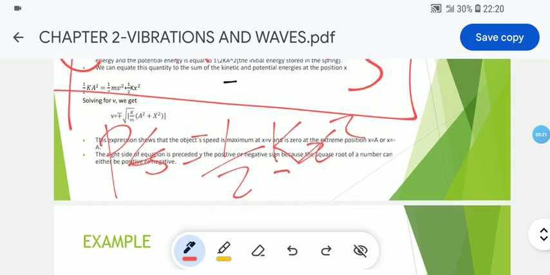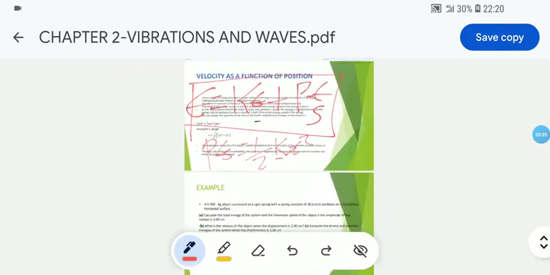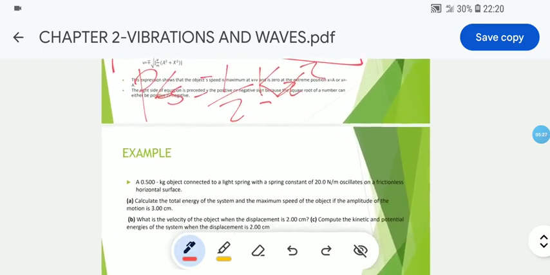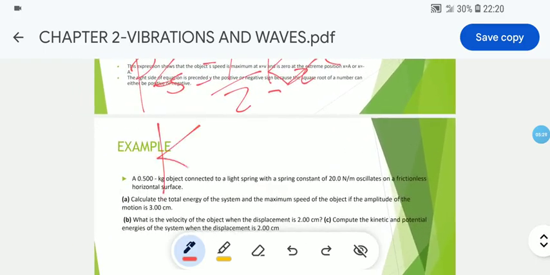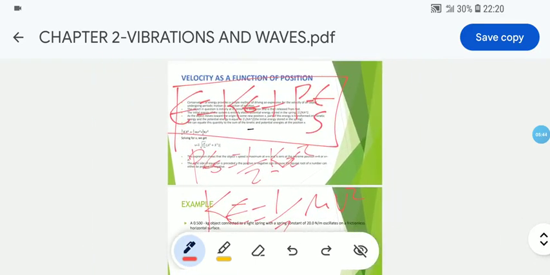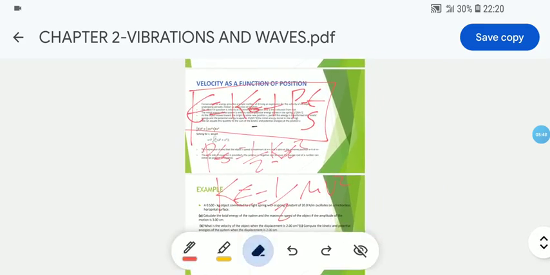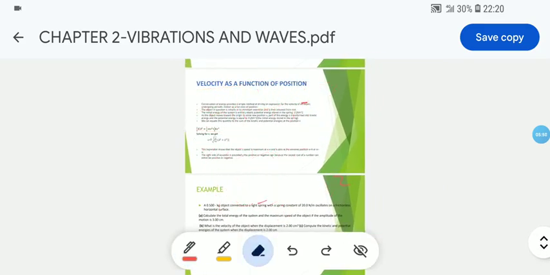And our usual kinetic energy will always be 1 over 2 mv squared. So that is our kinetic energy. How do you use these formulas if you are given a spring or any simple harmonic oscillator? This is what we want to do.